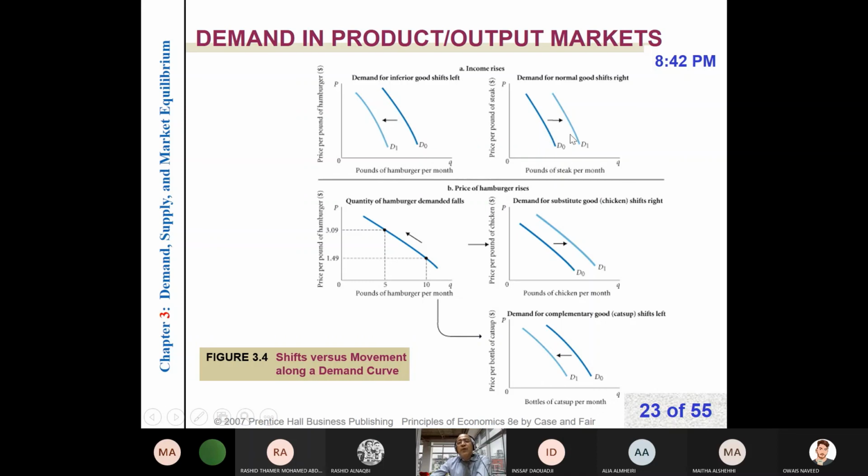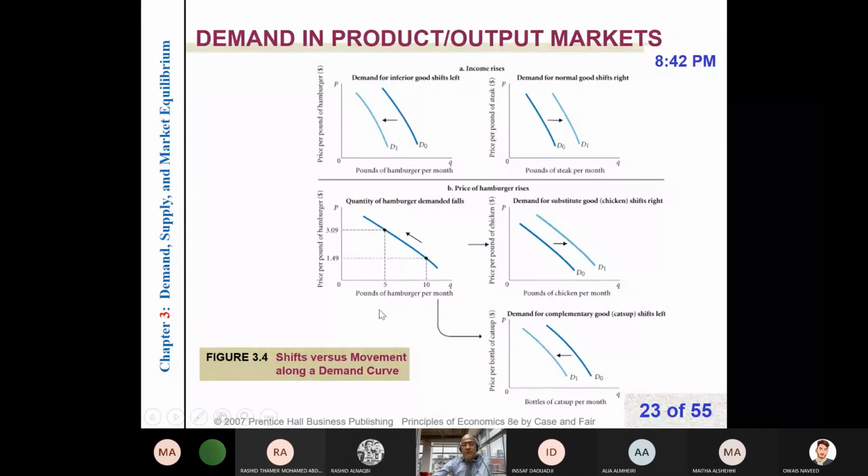Demand curve will shift to the right. Another example. This is our initial demand curve for an inferior good. As income rises, demand will decrease. Demand curve will shift to the left. So if my salary increases, I will buy more perfume, I will buy less bread. Okay.